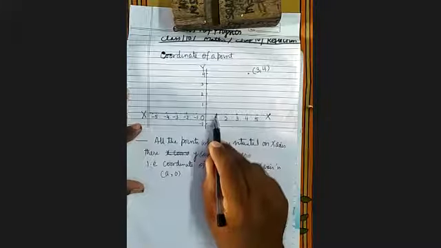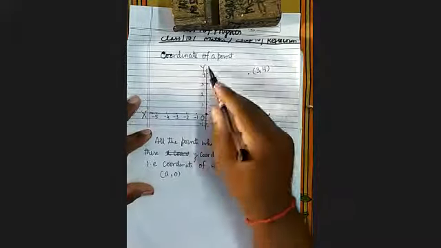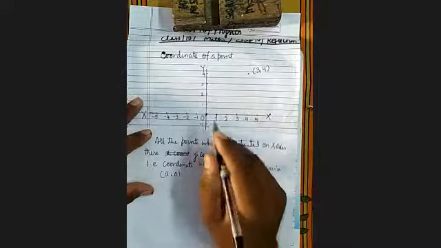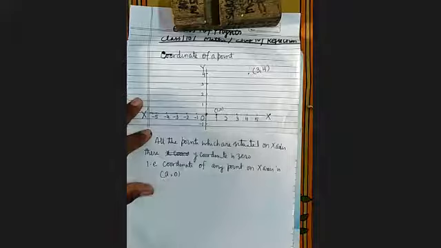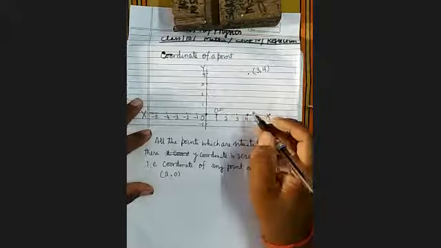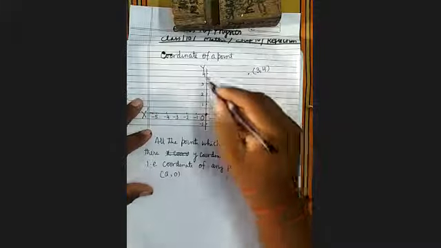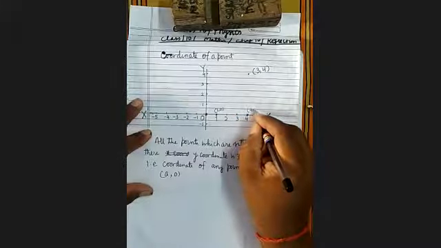Now see here, if you see this point, on the x-axis it is in front of 1, but on the y-axis it is in front of 0. Y axis में 0 कहाँ है, ये है. So what will be its coordinate? 1 comma 0. What is its coordinate? On the x-axis it is over the 4, but on the y-axis it is in front of 0. So 4 comma 0.